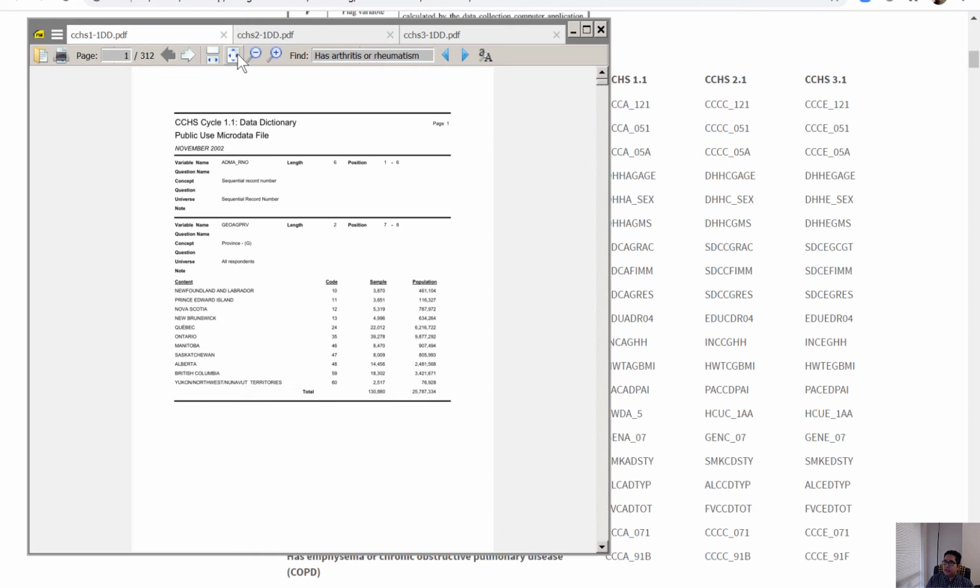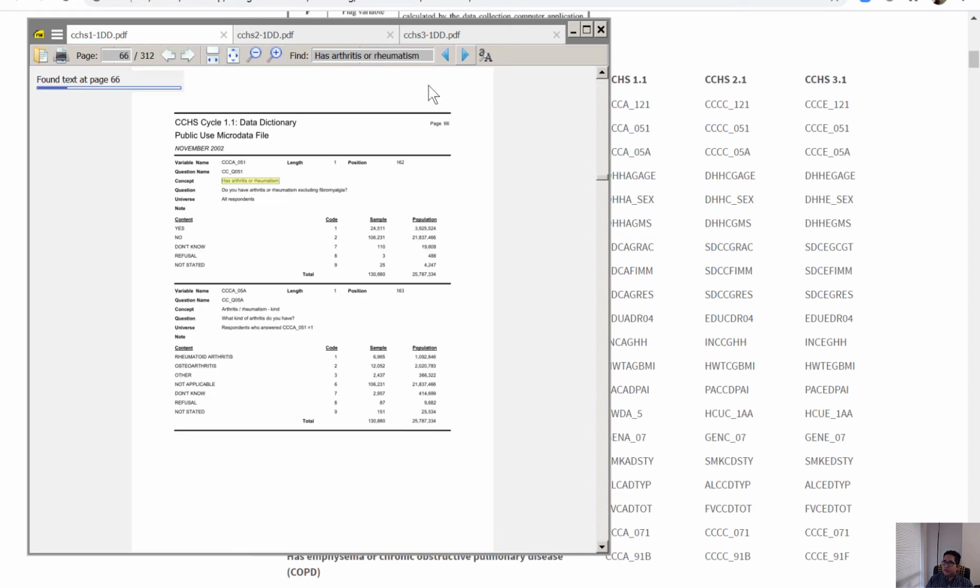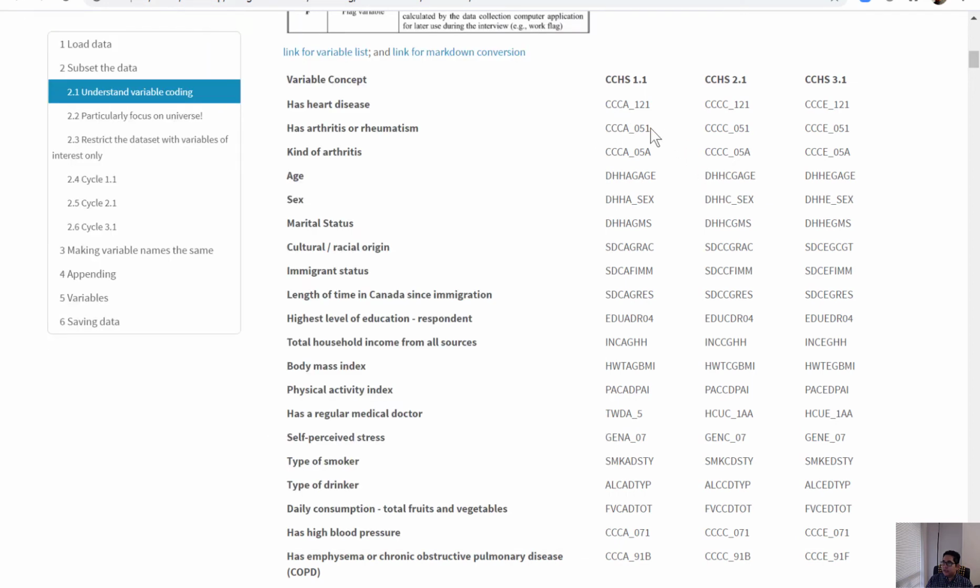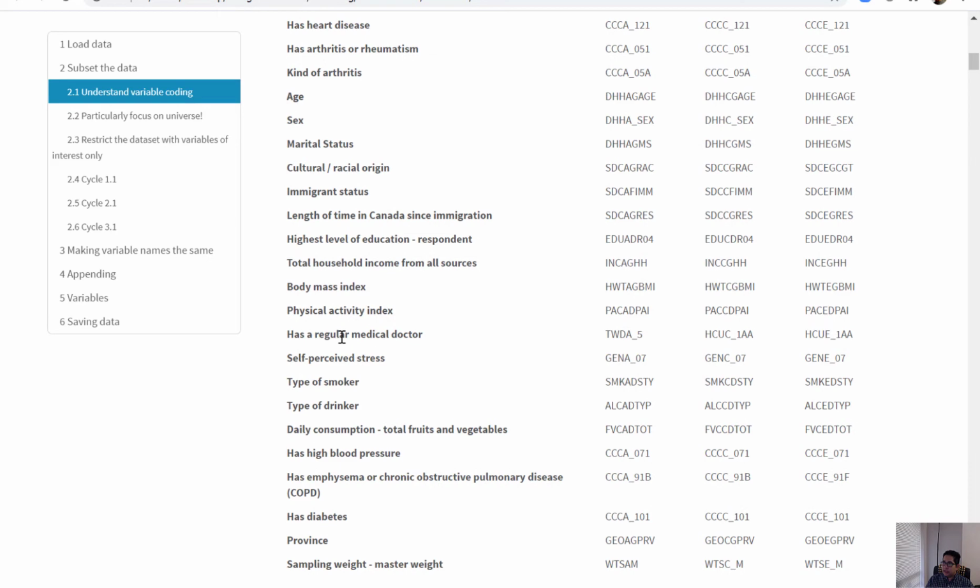And similarly, if I go to CCHS 1.1, now it is CCCA_051. So just by looking at the dataset, I try to identify whether I have my outcome variable, whether I have variables to create my exposure variable, and whether I have some of the basic covariates for this analysis. And I collect all of these names in a table.